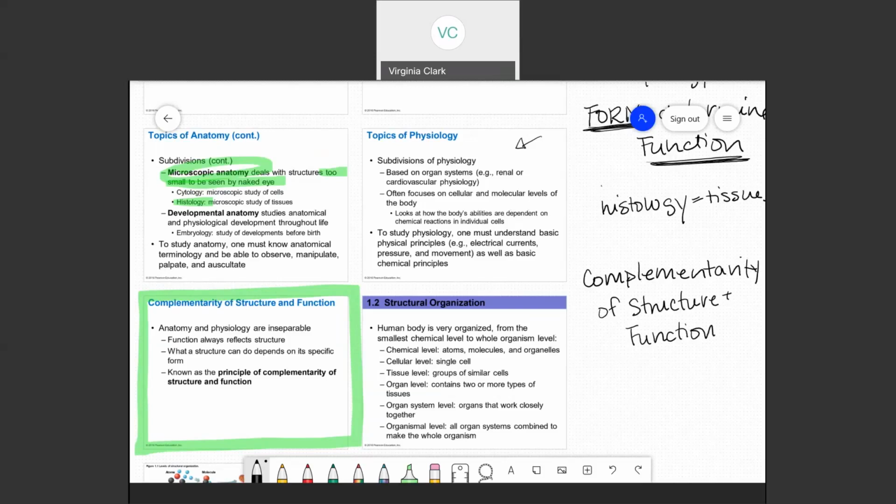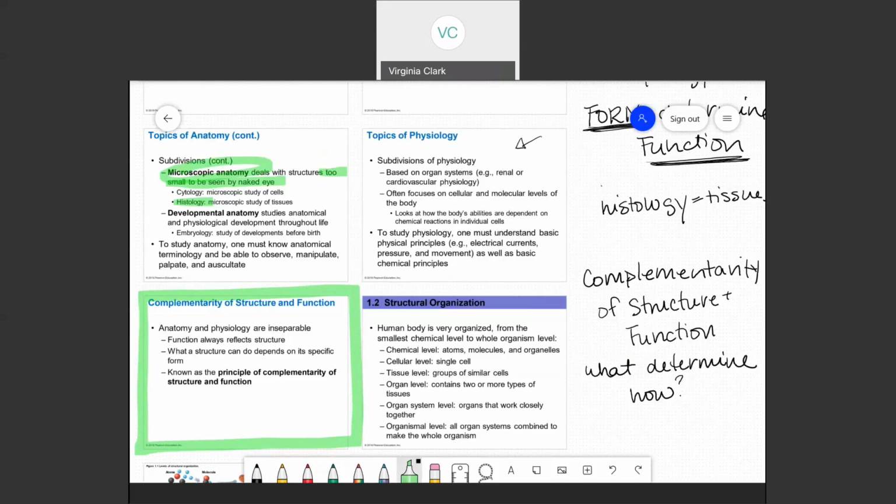Like I said, the form, the what, essentially will determine the how. So the wheels need to be round in order for them to roll. Function will always reflect the structure.